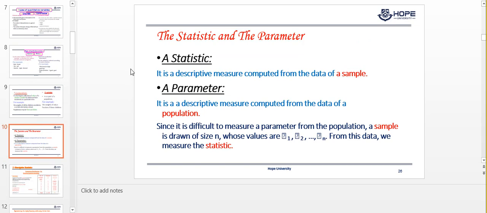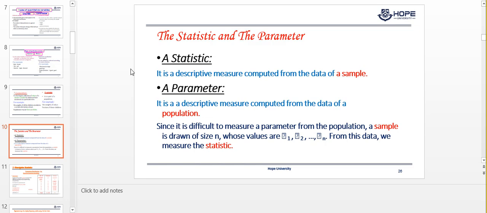Also, we need to understand the difference between statistics and parameters. Statistics is the same as sample. Descriptive statistics mostly computes the data as a sample, not the data as a population. It's difficult to calculate or measure in a mathematical way for whole population data.